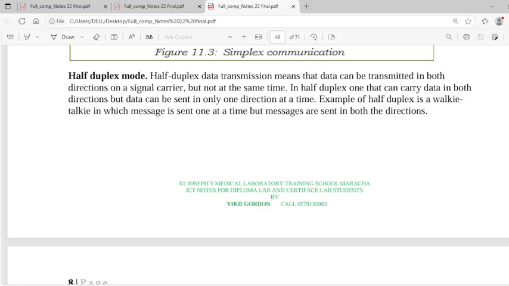So communication can be done in both directions but not at the same time, meaning as it moves from one to the other, the other cannot send the transmission back immediately. So in half duplex, the medium can carry data in both directions, but the data can be sent in only one direction at a time.